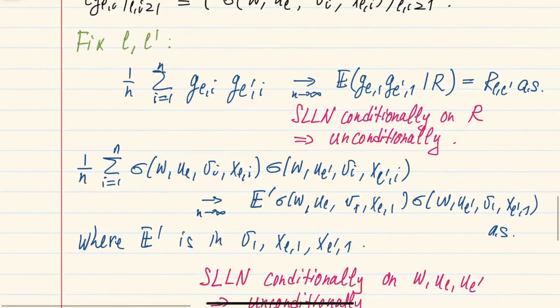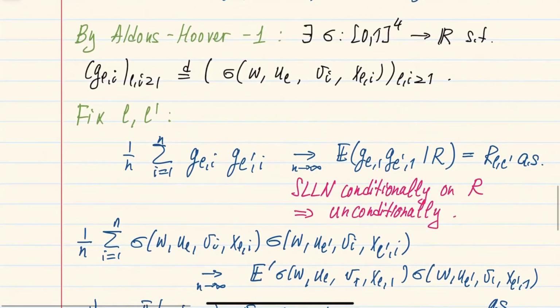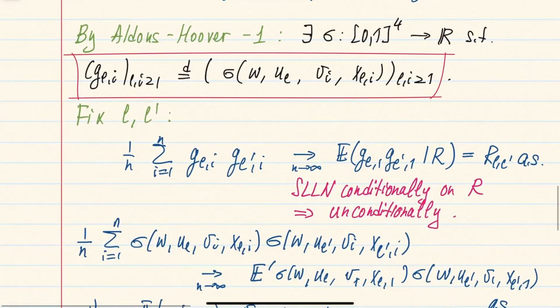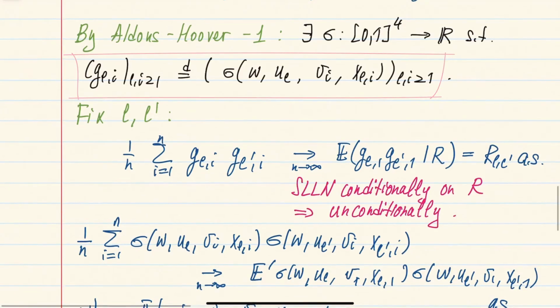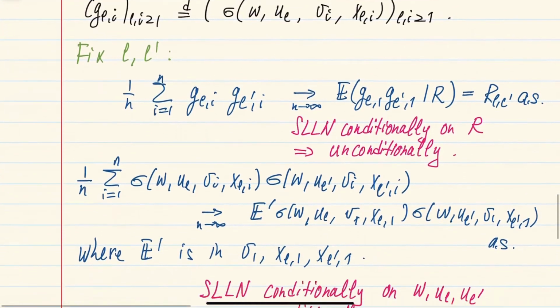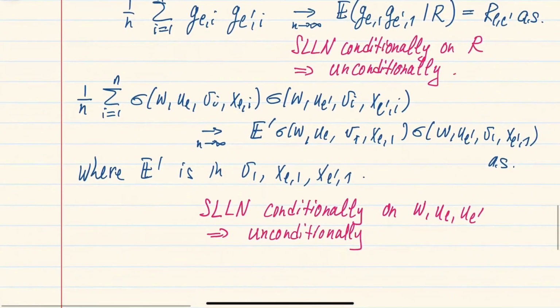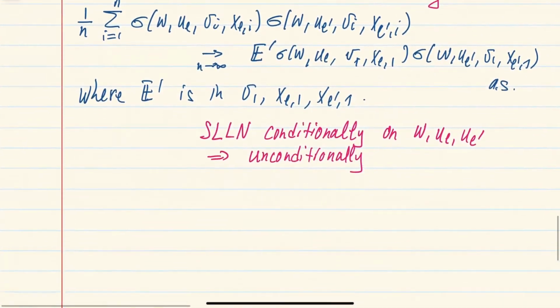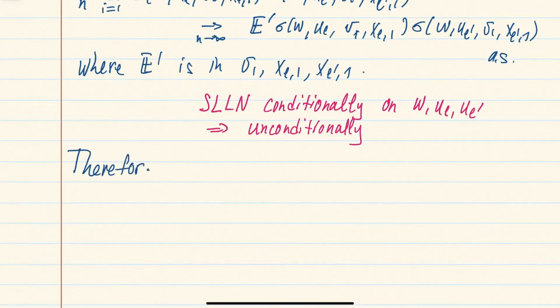And of course, since these arrays here were equal in distribution, almost sure limits in terms of left-hand side and right-hand side will also be equal in distribution. So we can conclude that the almost sure limit on the left-hand side should be equal in distribution to this almost sure limit on the right-hand side.